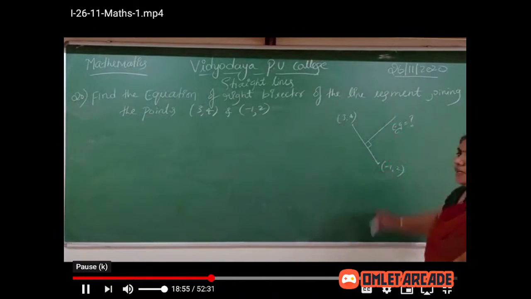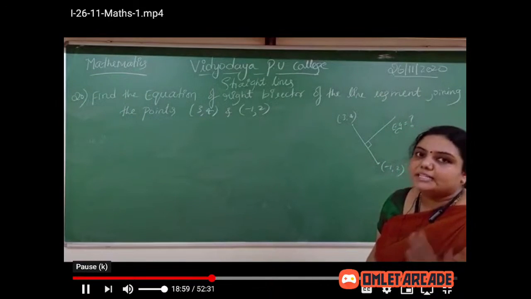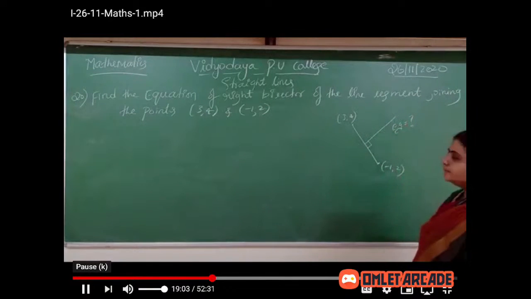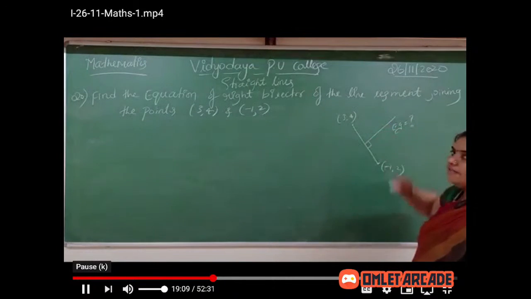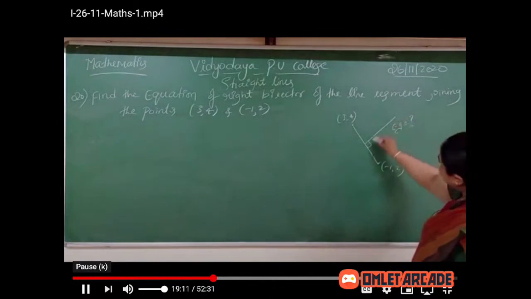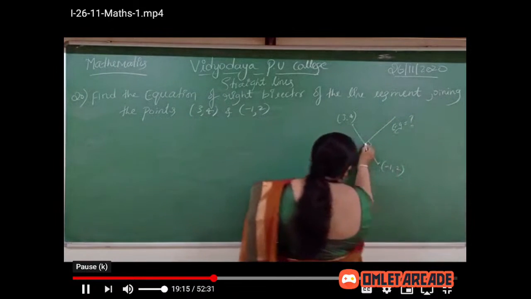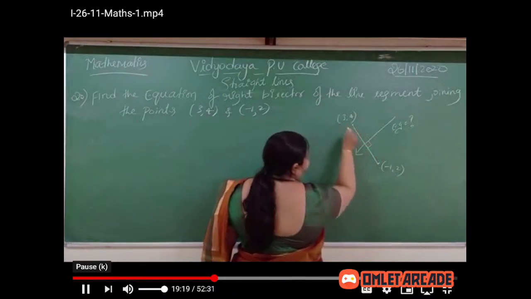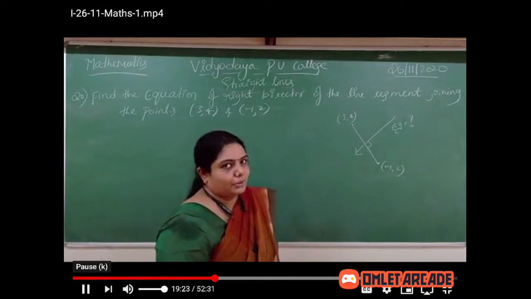Again, to find the equation of a line, what do we need? Minimum, what we need? We need a point and a slope. A point on the line and a slope. See, the line joining these two points is given. Since this line is a right bisector of this line, the point of intersection of these two lines will be the midpoint of the line segment joining (3, 4) and (-1, 2).